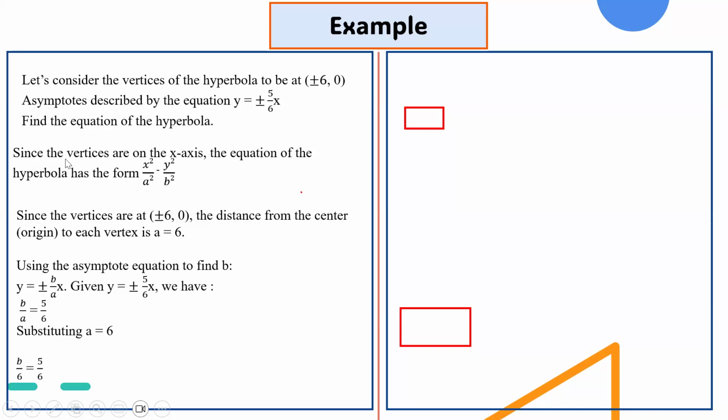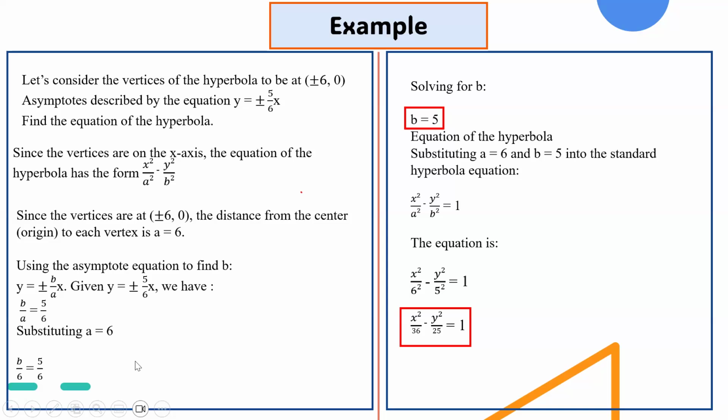So the vertices of the hyperbola will be plus or minus 6, 0. This means that the hyperbola center is at the origin 0, 0. And the distance from the center to each vertex along the x-axis is a equal to 6.